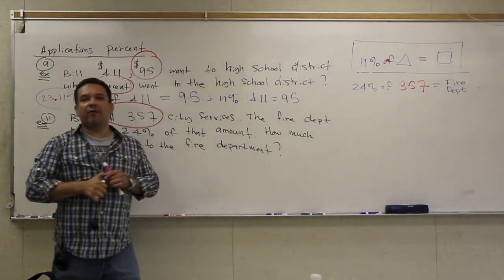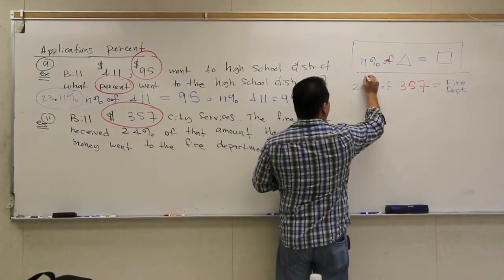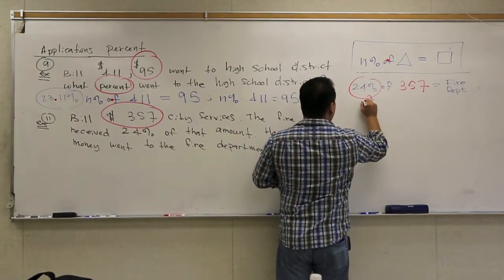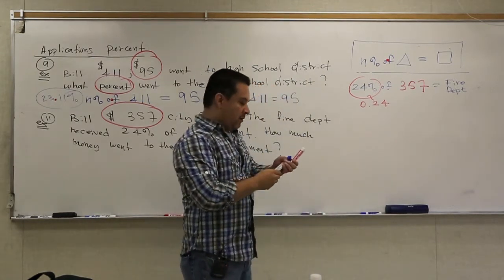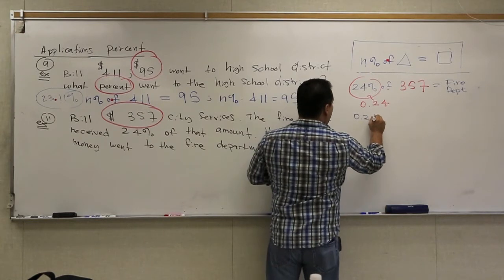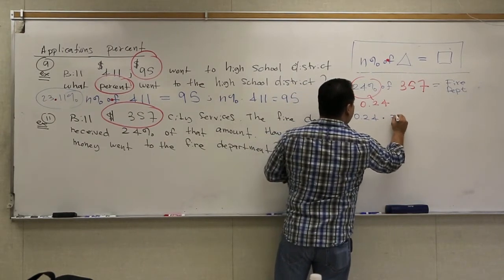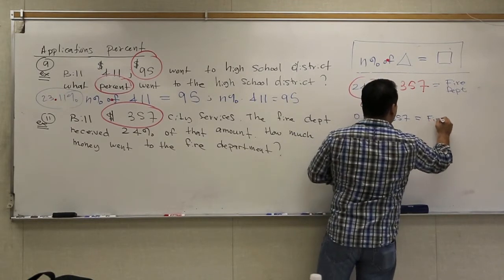So how do you represent 24%? 24% is 0.24. So this is really a question that says, can you compute 0.24 of 357? Because of means to multiply.